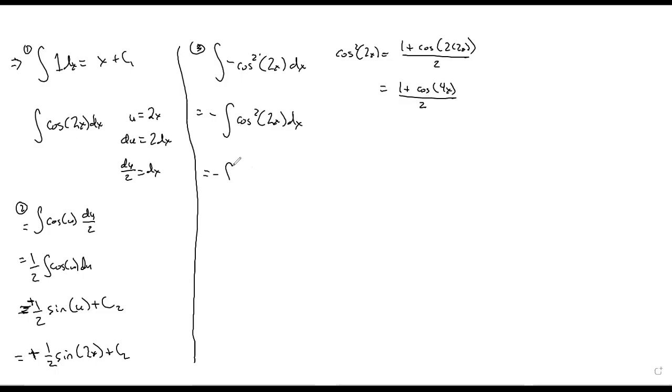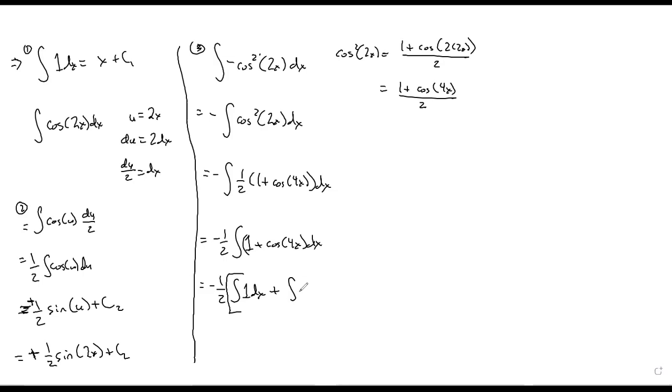So this is negative integral 1/2 times 1 plus cosine 4x dx. And this is equal to negative 1/2 integral 1 plus cosine 4x dx. Negative 1/2, integral 1 dx, we'll put all this in one big bracket, plus the integral cosine 4x dx.